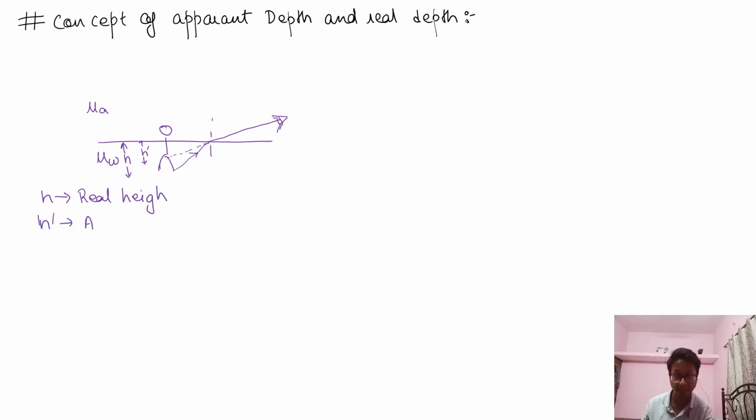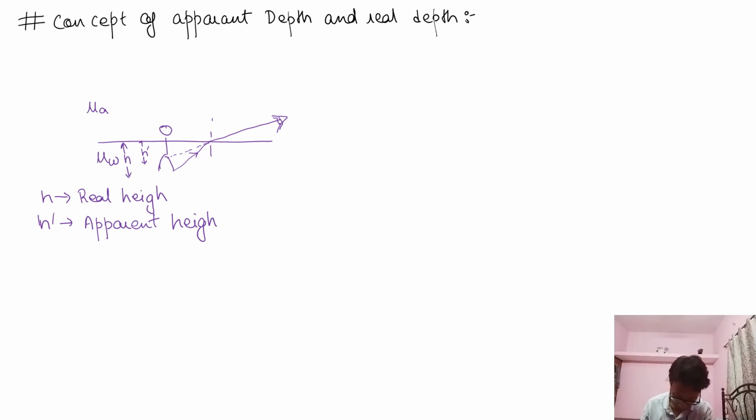Apparent meaning perceived height, or height as seen by the observer.